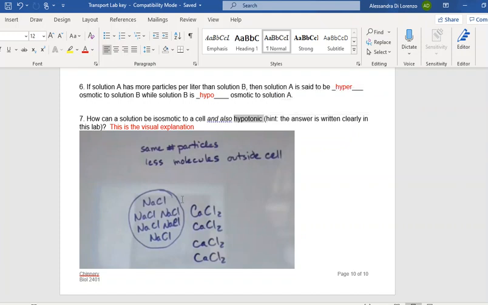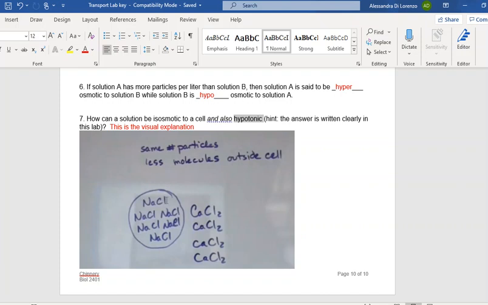In this case, we're dealing with ionic compounds. And NaCl is different than calcium chloride because NaCl releases only 2 particles and CaCl2 releases 3 particles. Now, these two, the solution inside the cell, the intracellular fluid, and the extracellular fluid here, have the same osmolarity. Why?